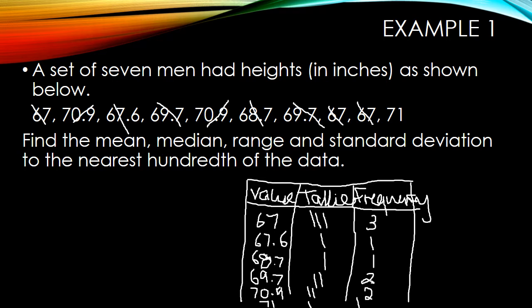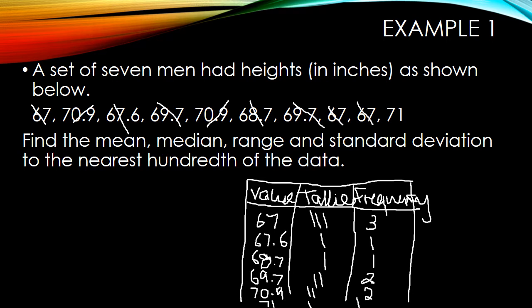If you want to eliminate the tallies column, that's up to you. You can just include the value and the frequency of the value. But this is a nice way to construct a frequency table when you have a large number of values.